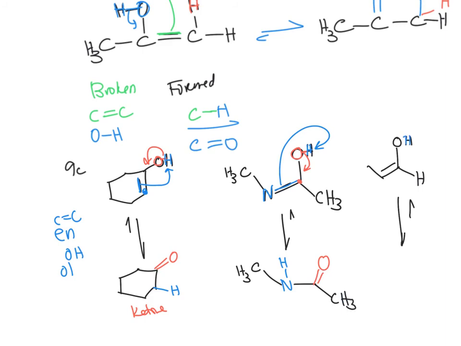This is your hydrogen. Those electrons are going to go here, and then those electrons will go there. If you draw this, there's that new bond, and this got the hydrogen there.